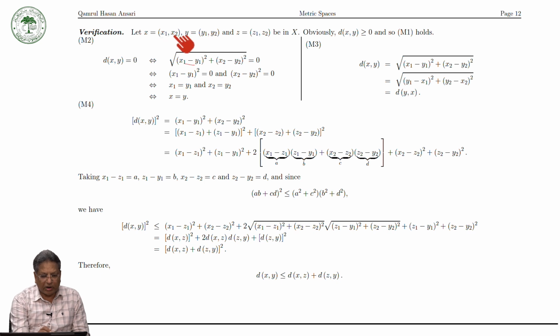If the coordinates are the same, it means that x must be equal to y. So d(x,y) is equal to 0 if and only if x is equal to y.